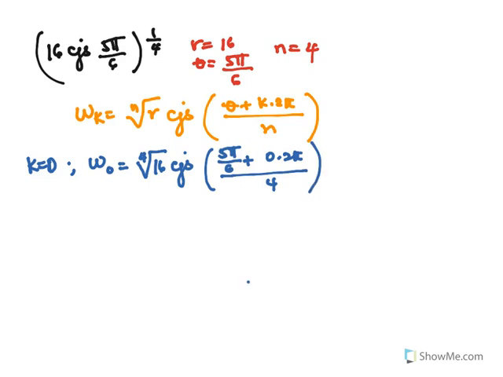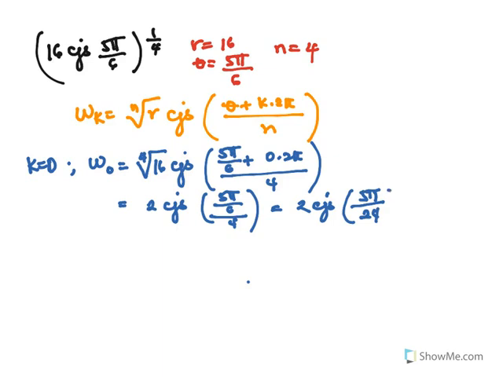The 4th root of 16 is 2, and then you have cis of 5 pi over 6 over 4, which simplifies to 2 cis 5 pi over 24. When you simplify this, multiply 6 times 4. And so you have 5 pi over 24. So that's your first root.